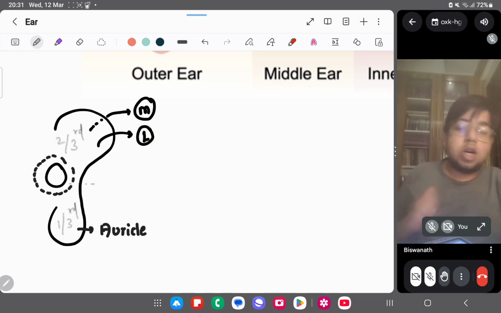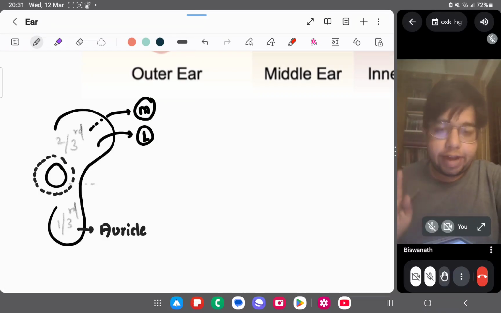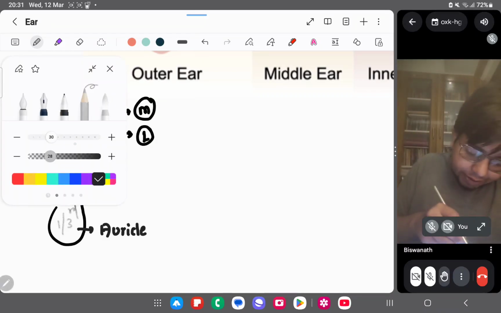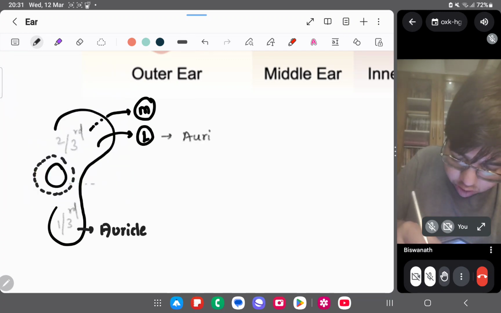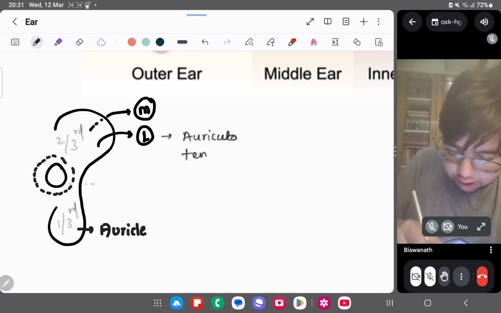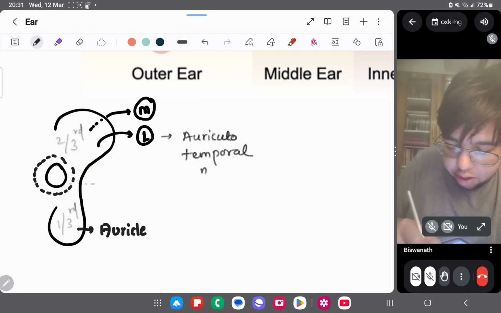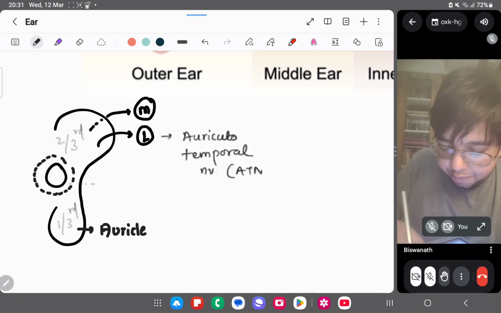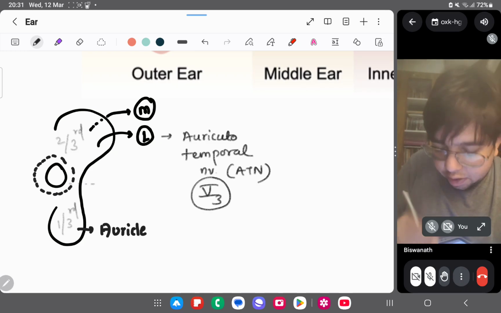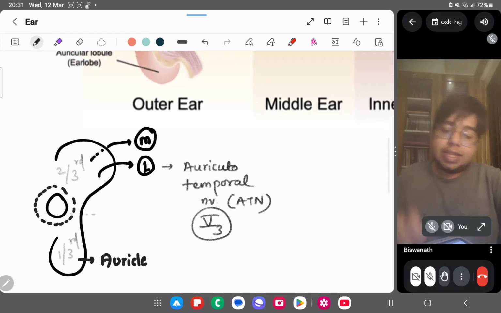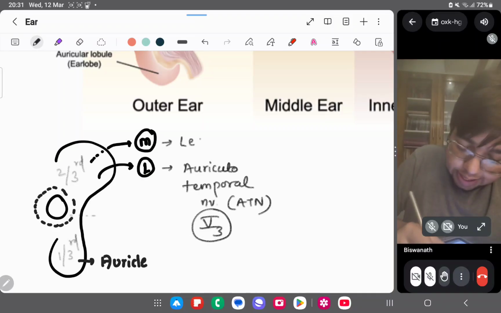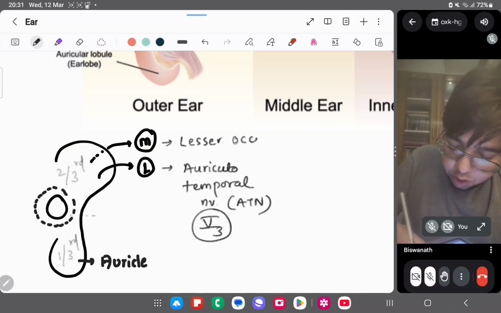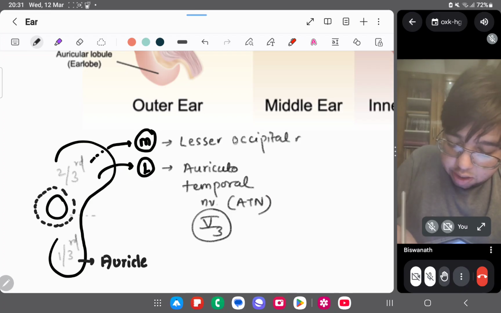This lateral surface is supplied by the auriculotemporal nerve, ATN. This is also the V3 nerve. This medial surface is supplied by the lesser occipital nerve.